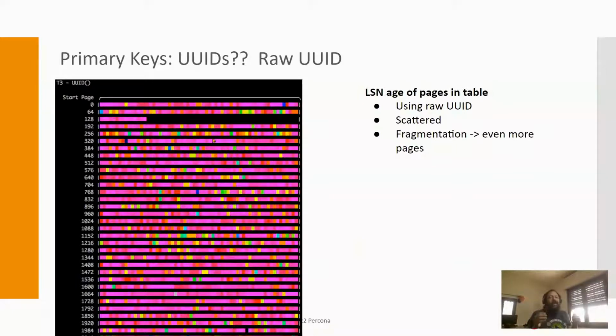This UUID frenzy comes from people that want to have multi-master, because they have one node in Buenos Aires and one node in Montevideo, or one node in New York and another in San Francisco, and they want to be able to write locally to both. And so one way to say, okay, my primary keys are not going to conflict and I will be able to identify the rows uniquely, is by using UUID.